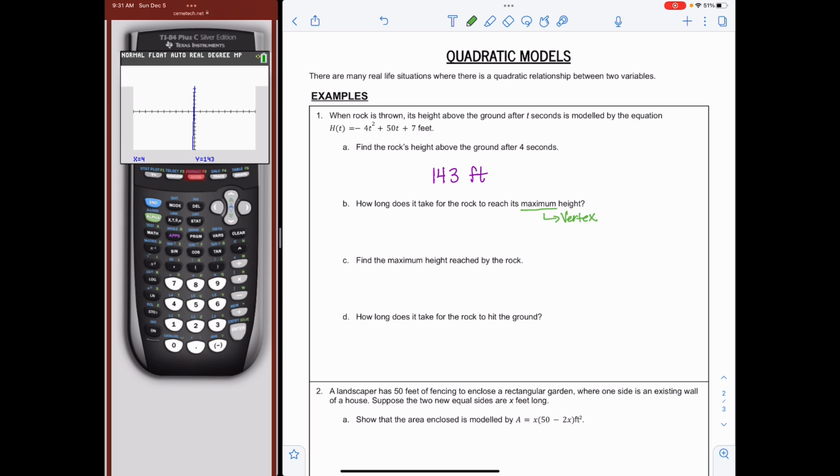So we need to zoom, and we're going to zoom out. I still don't see my vertex, but I see both sides of it. So I'm going to press window, and I'm going to change my y maximum to 100 just to be safe.